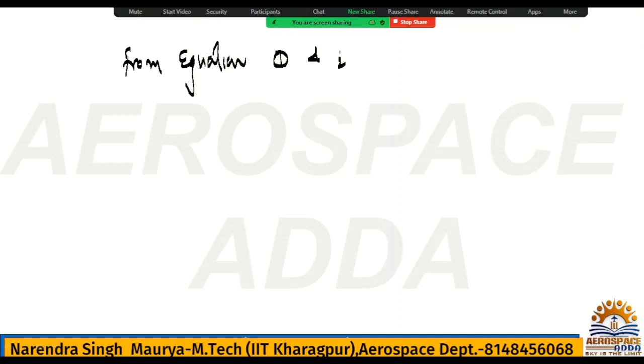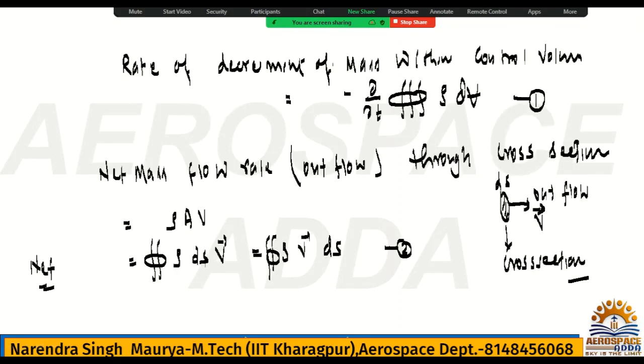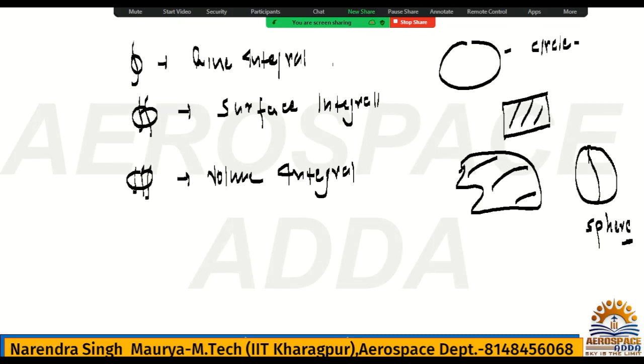Anyway, so you need to write from equation 1 and 2. Now what is the one? Because magnitude wise it will be equal, right? Because whatever the mass is entering, the same mass is going out, or whatever the mass is going out, the same mass decrement inside the control volume. So but amount will be the same.